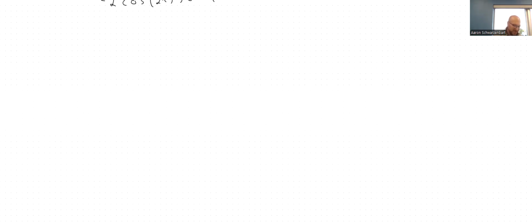So this next one says find the slope of the tangent line to the curve y equals sine to the fifth of x at x equals pi over 3. This one just asks me for the slope. This doesn't necessarily look like a chain rule, but remember that that's what the sine to the fifth means.